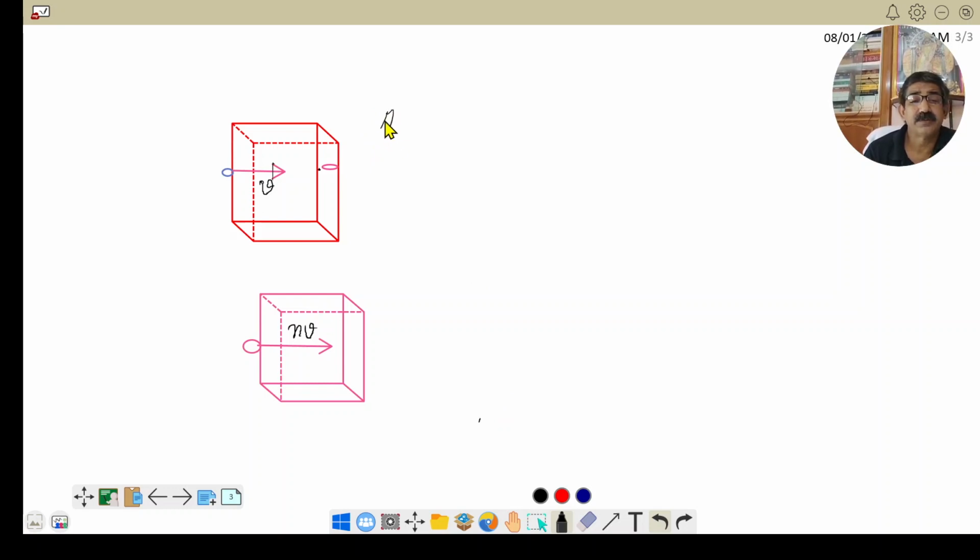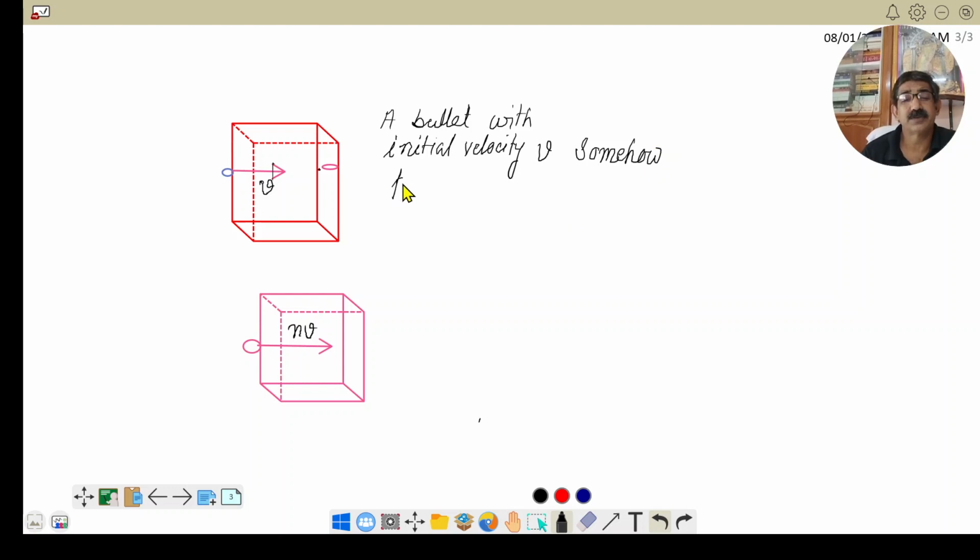A bullet with initial velocity V somehow penetrates a wooden plank.